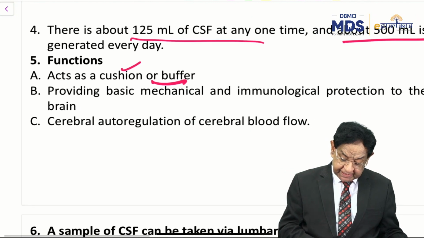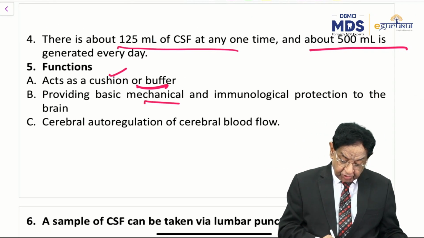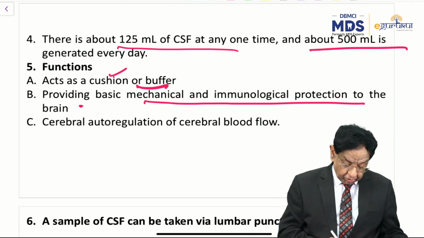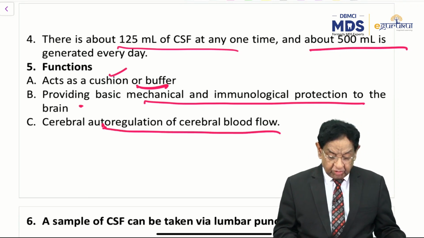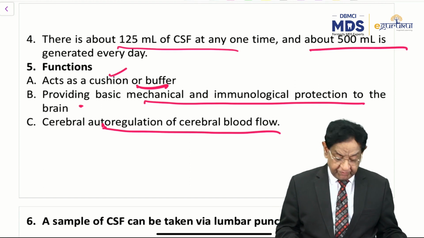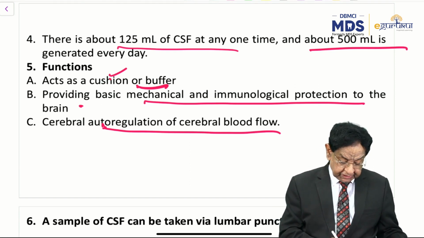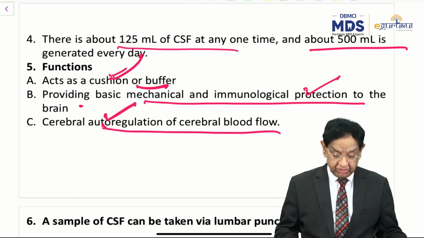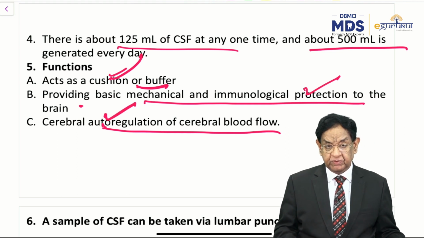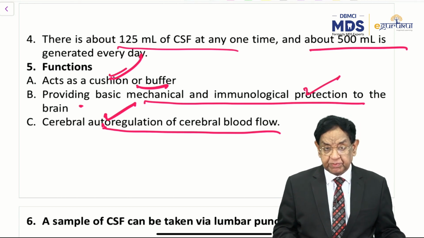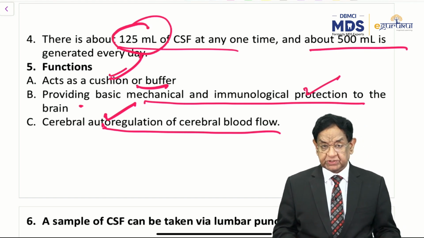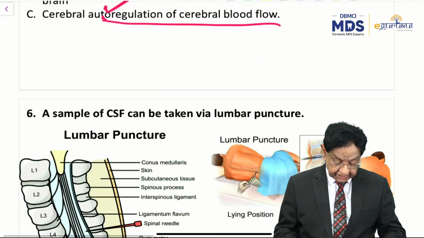It also gives mechanical support and immunological protection to the brain, and it helps in the autoregulation of the cerebral blood flow. So cushion, protection and autoregulation of cerebral blood flow, they're all the functions of CSF. 125 ml is a commonly asked question, so you should know these.